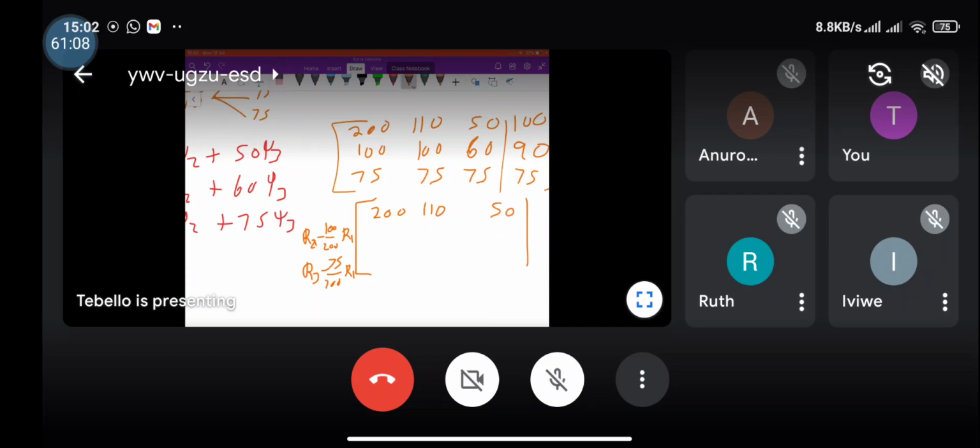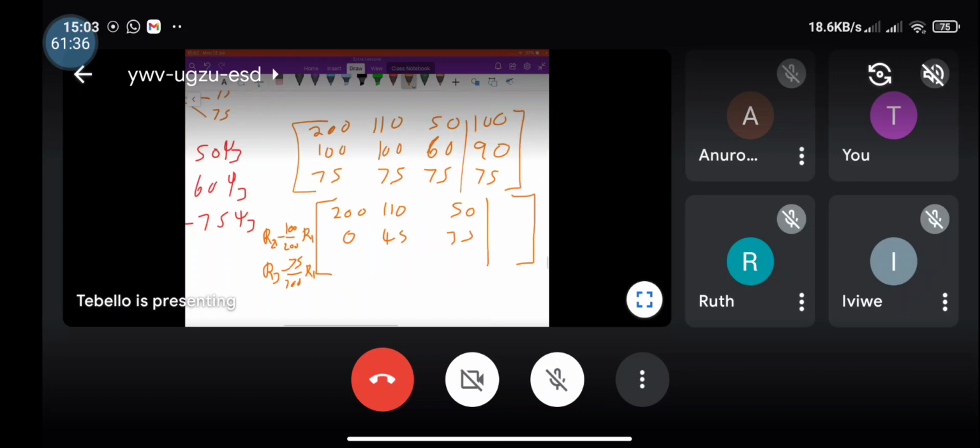So you will have 0, and 100 minus 100 over 200 times 110, you'll have 45, you'll have 60, 35, 40.